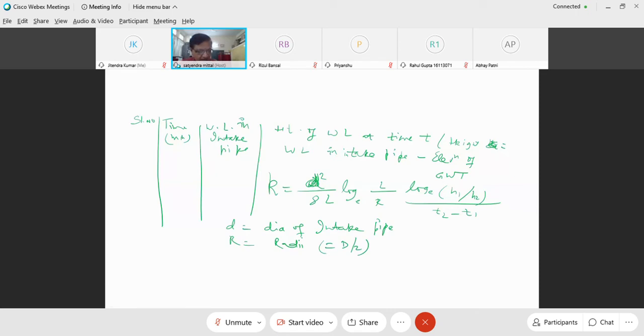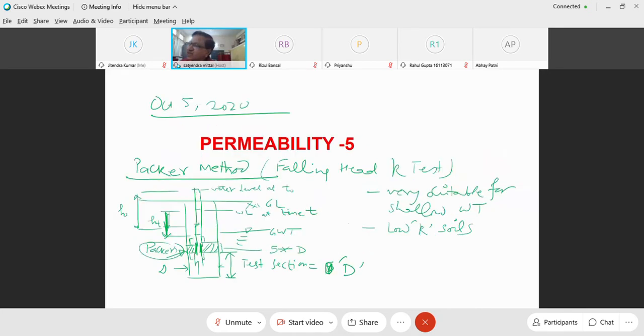L, as I have already explained in the previous figure, is the length of the test zone. This is the test section L, which is normally equal to D. And H1 upon H2, I am going to explain now.